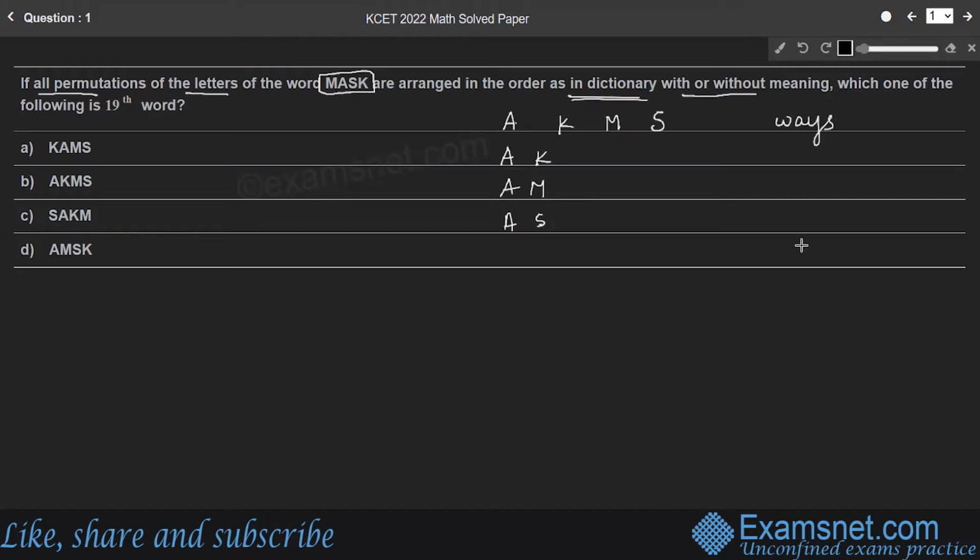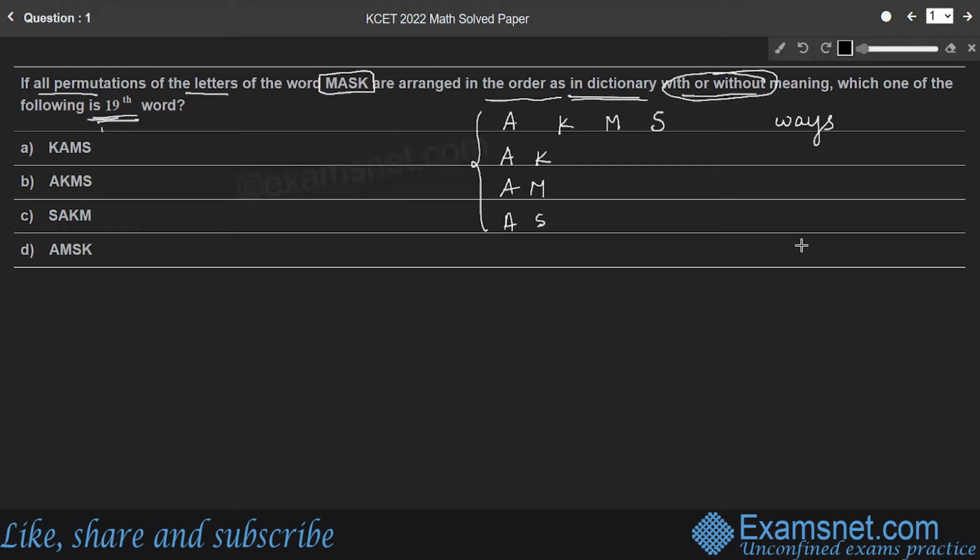It is given that it is with or without meaning, so you can take only 2 letters or 3 letters or 4 letters. You have to arrange these words in the order of the dictionary. So if you arrange in that way, what is the 19th word?